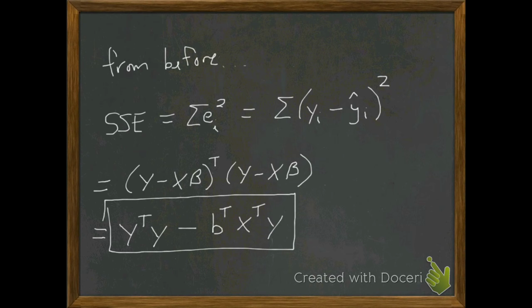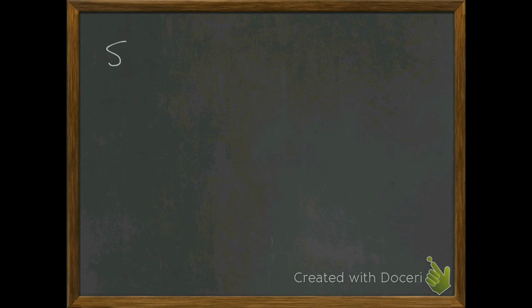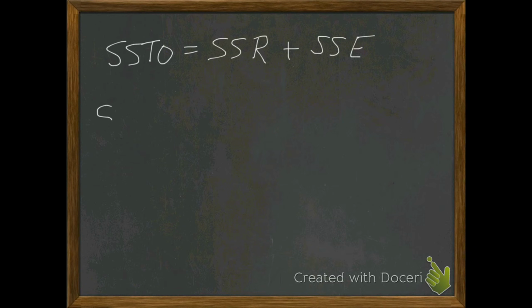So guys, clearly we know that the sum of squares for the total is equal to the sum of squares for the regression plus the sum of squares for the error. So finally, it should be no surprise that the sum of squares for regression is going to be the sum of squares for the total minus the sum of squares for the error.